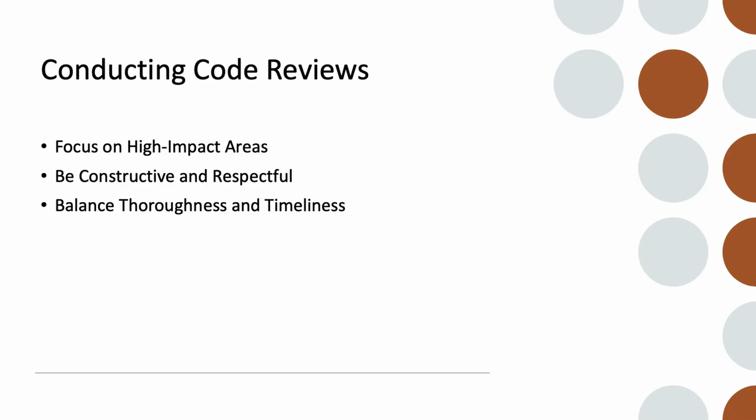Reviewers should also approach code reviews with a constructive and respectful mindset and offer feedback that is specific, actionable, and respectful of the author's efforts. It is important to strike a balance between providing thorough feedback and respecting the author's time and effort.